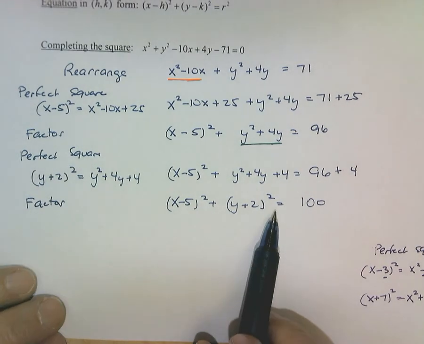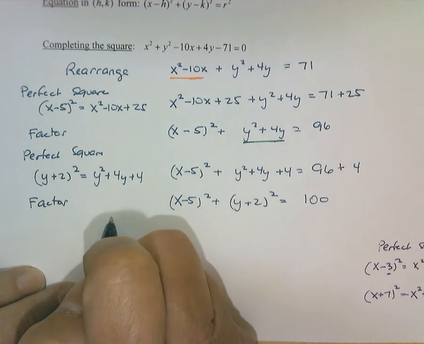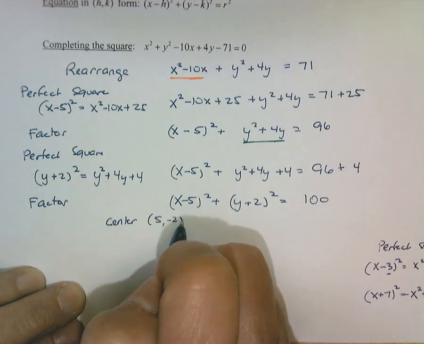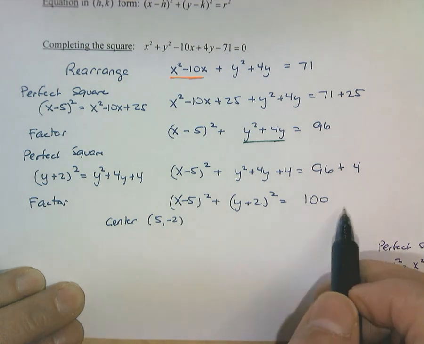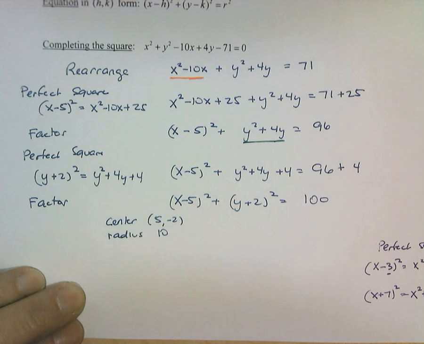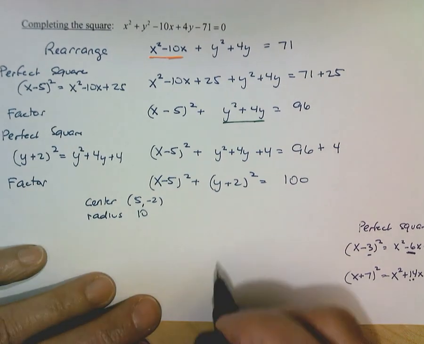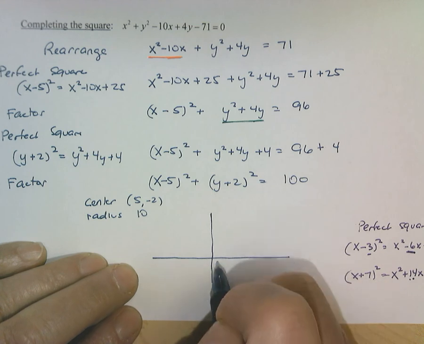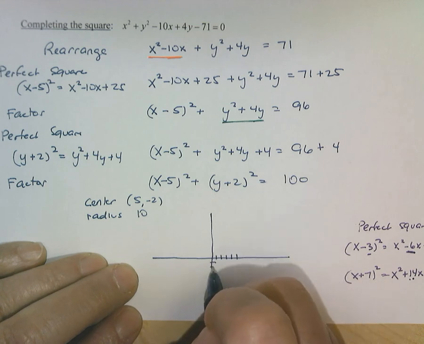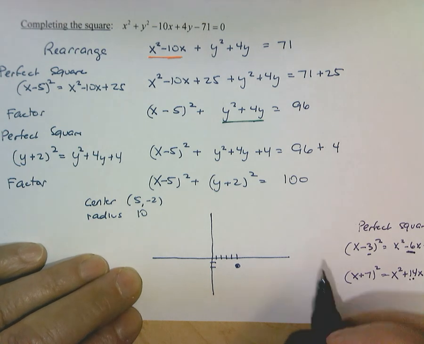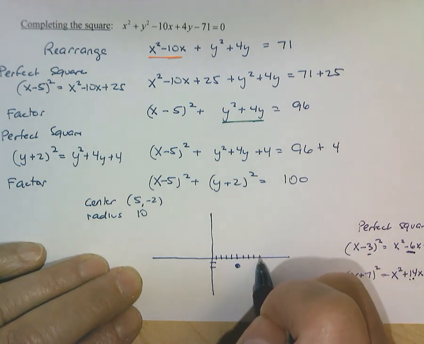So now from this equation, I can get my center is (5, negative 2), and my radius is the square root of 100. So it's 10. And when I graph this, (5, negative 2), but then I have to go out 10 in every direction.